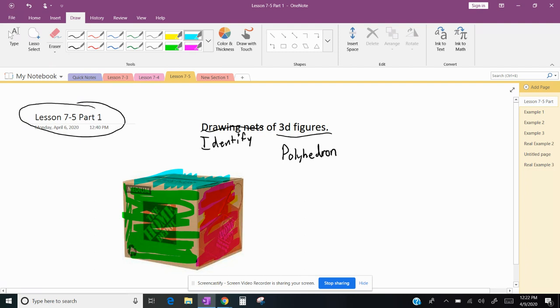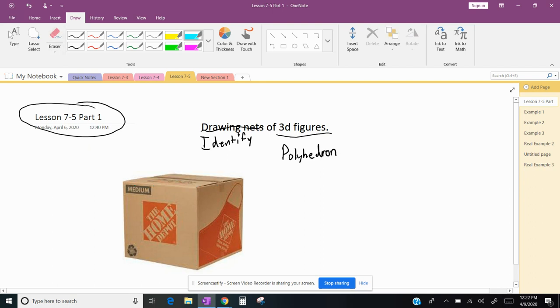Do you think those are the only faces that box has, or does it have more sides to it? That box actually has more sides to it. We just can't see them right now. So if this box has a top in that blue up there, it's going to have a bottom down below. So sometimes I'll do my best to draw.